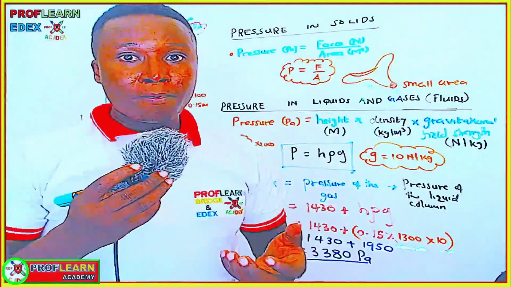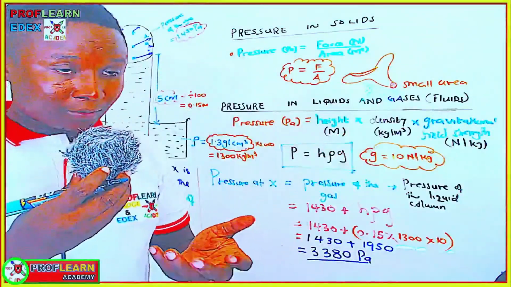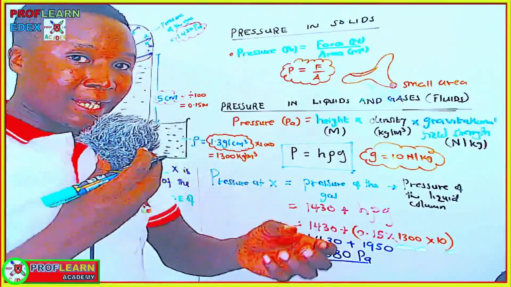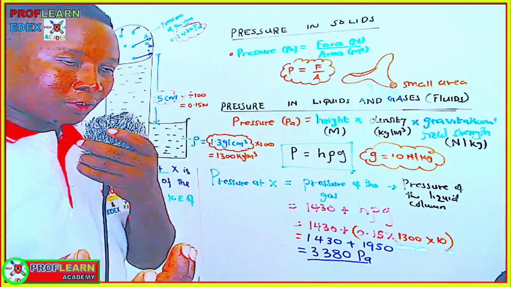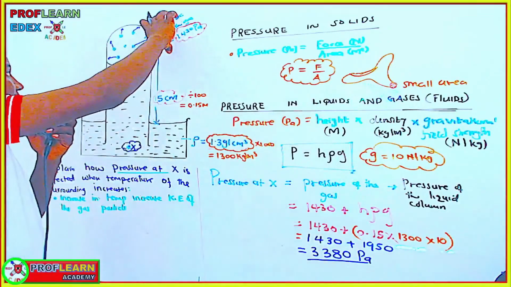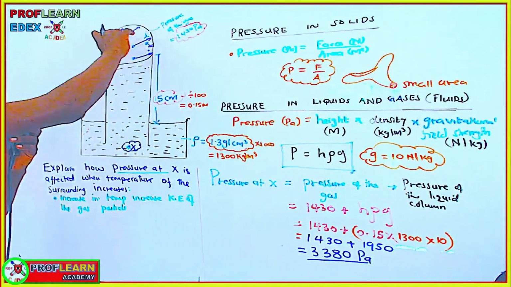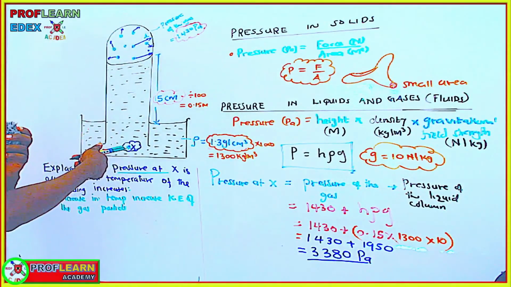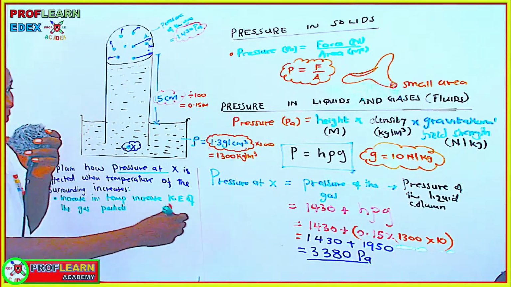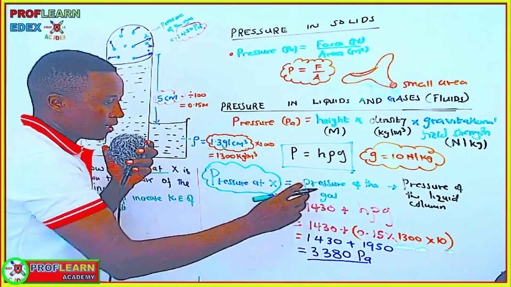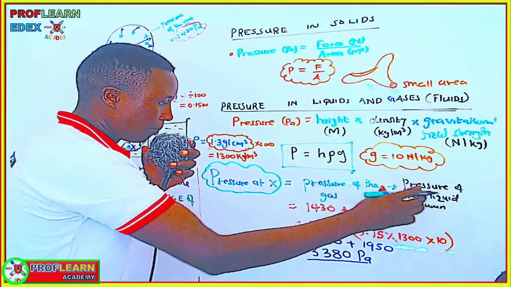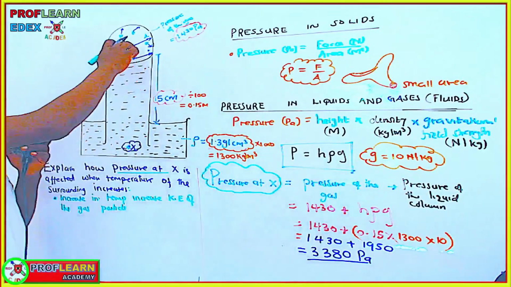When the kinetic energy increases, they move faster and collide more often with the walls of the container, exerting a large force, meaning an increase in pressure. This pressure also increases down here, because the pressure at point X is the pressure of the liquid column plus the pressure of the gas.